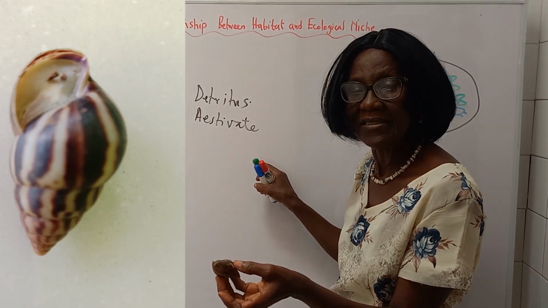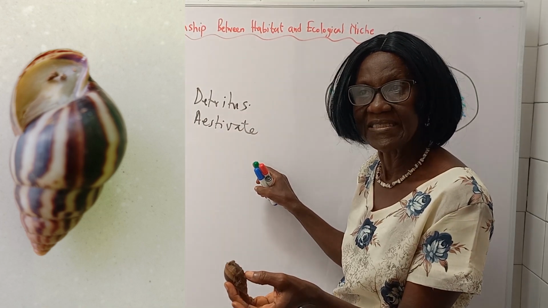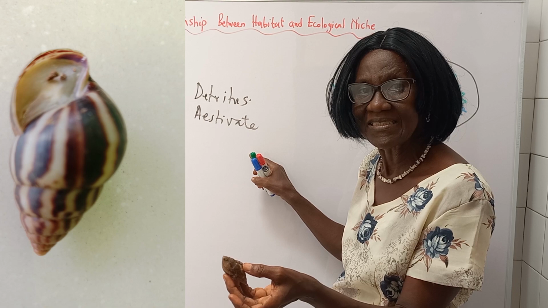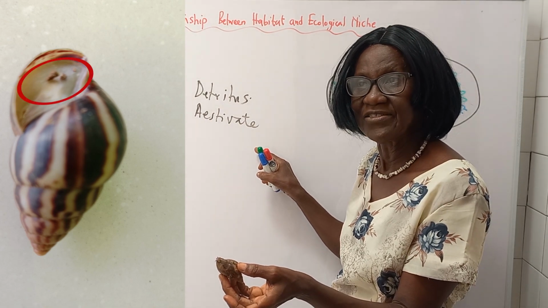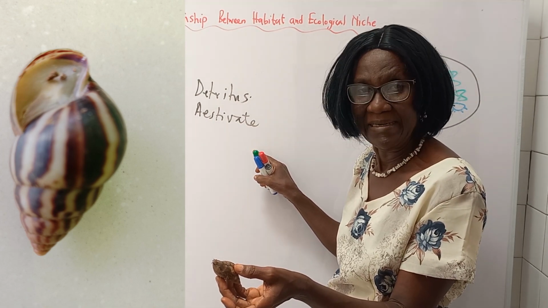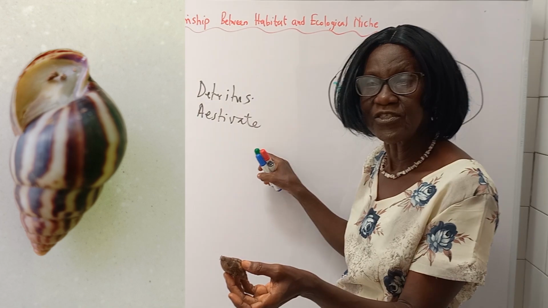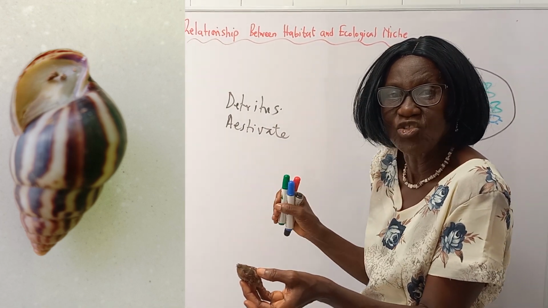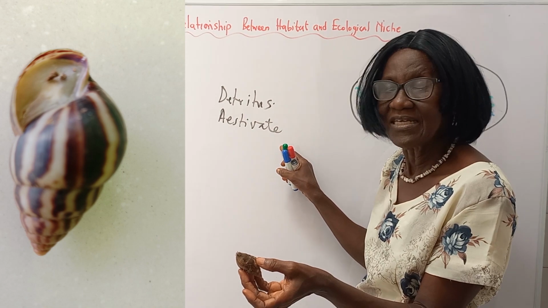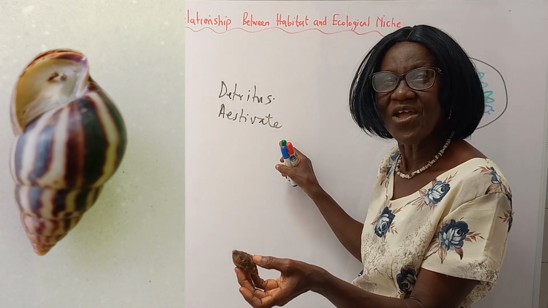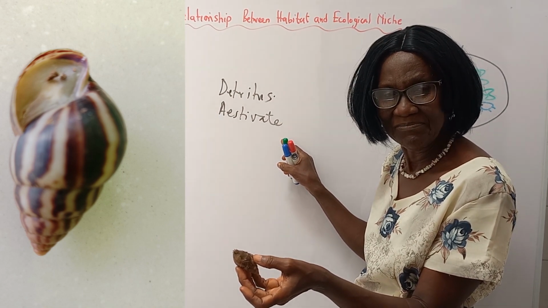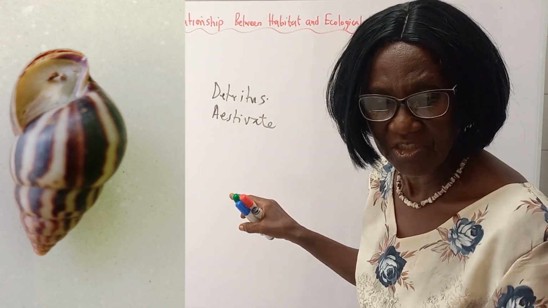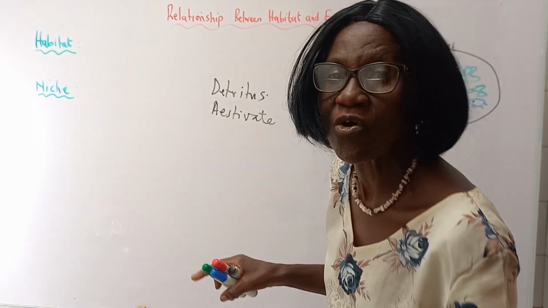This other one in the shell is also a snail, living, alive, but it's covered its surface with a dry membrane and it's alive in it just to reduce its metabolic rate. So it's dormant in there just to keep alive with a very low metabolism. So that is aestivate. An organism goes through aestivation during some dry conditions.